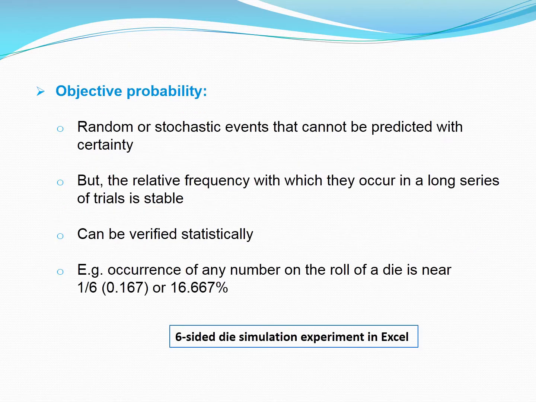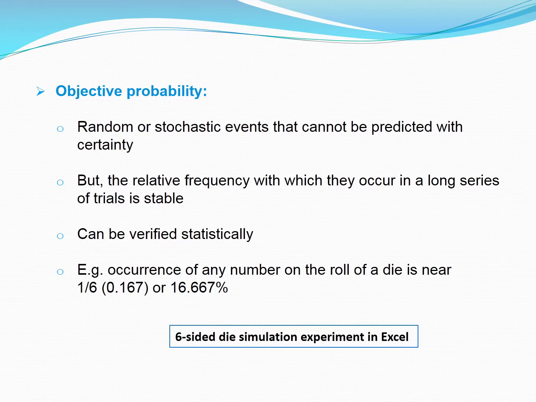The second type of probability is objective probability, and it's also called the classic interpretation of probability. And that's applicable to random or stochastic events that cannot be predicted with certainty. But the relative frequency with which they occur in a long series of trials is stable. Okay, so that means that we can use the relative frequency to calculate that probability.